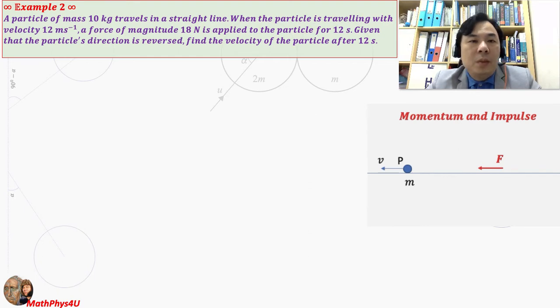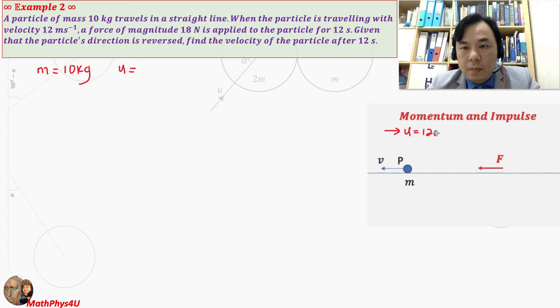So that is all the information we have as usual. For good practice, we always write down all the information and then use the appropriate symbols. In this case, we have a mass of 10 kg, and then we have the initial velocity, which was in this direction, 12 meter per second.